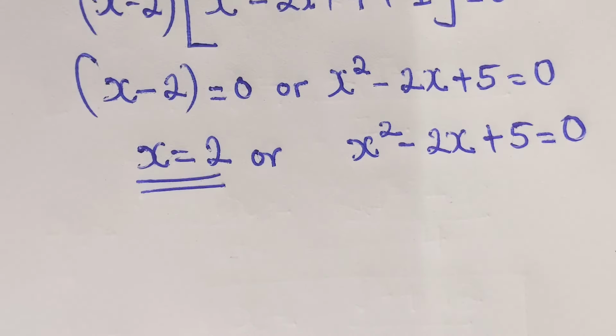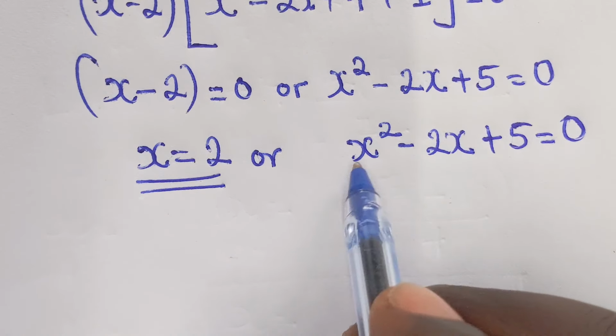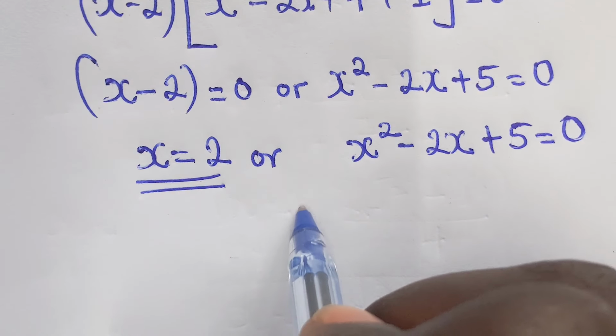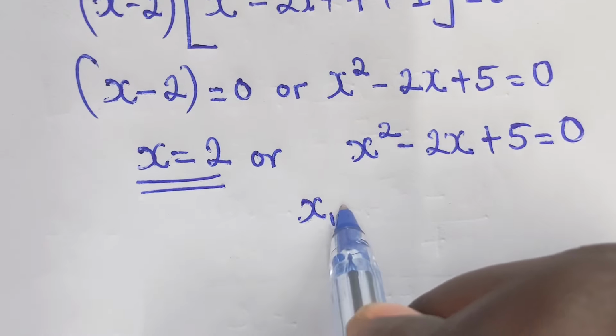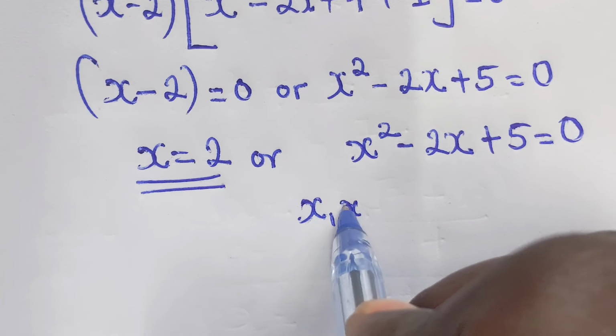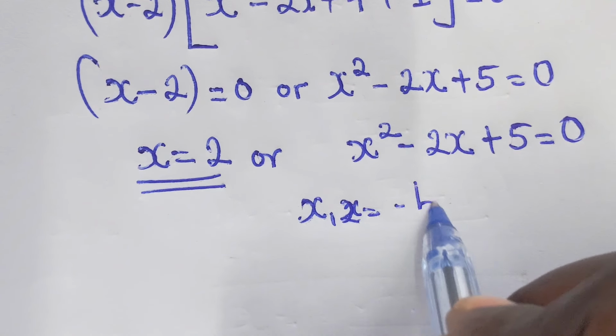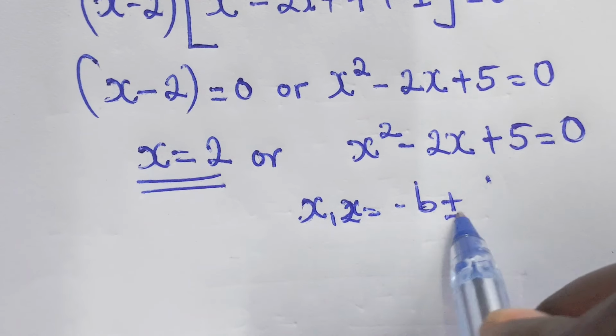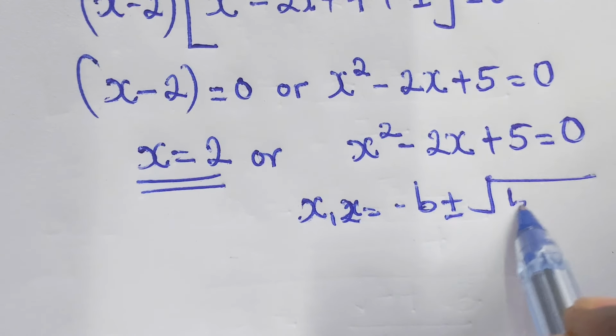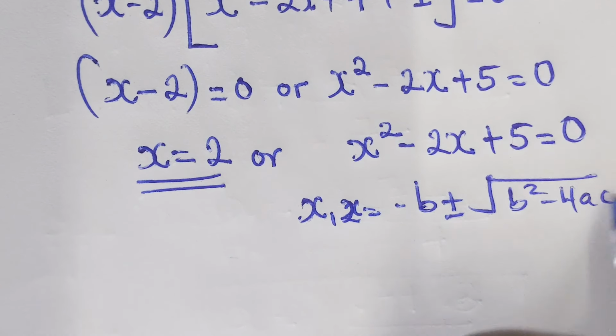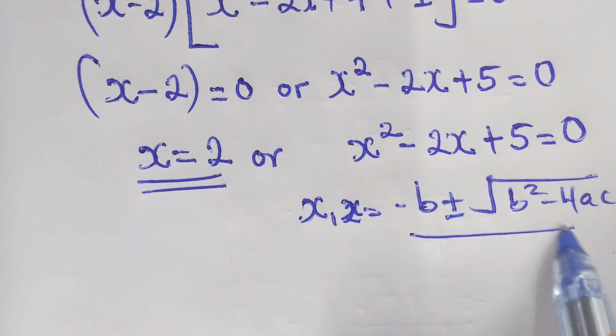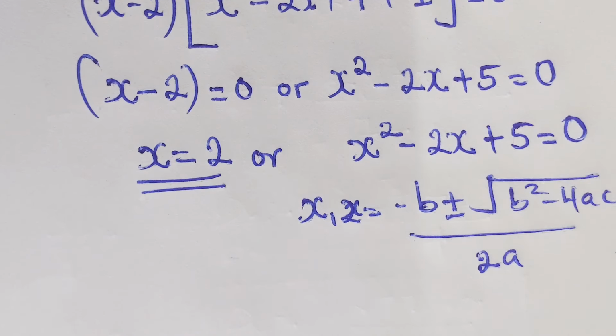So you have to use the formula method. You say x1 and 2 equal to negative b plus or minus the square root of b squared minus 4ac, over 2a.